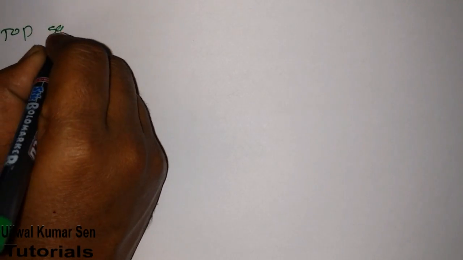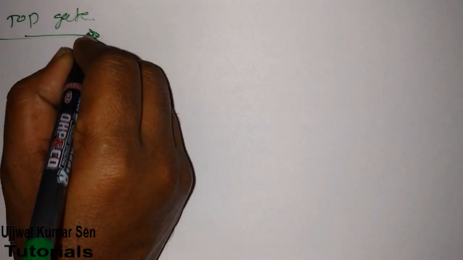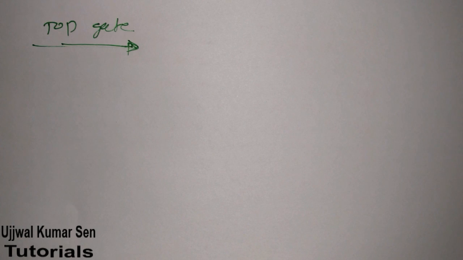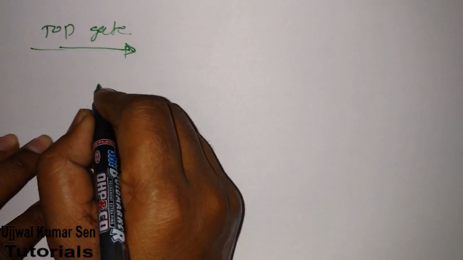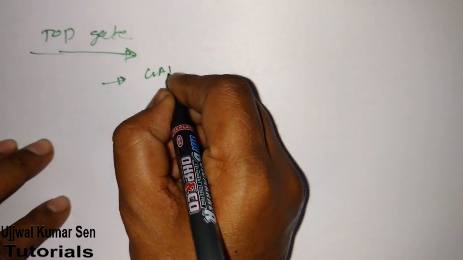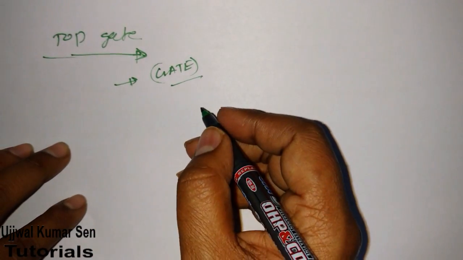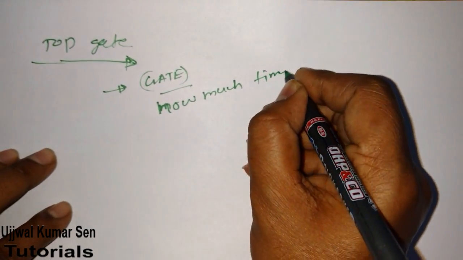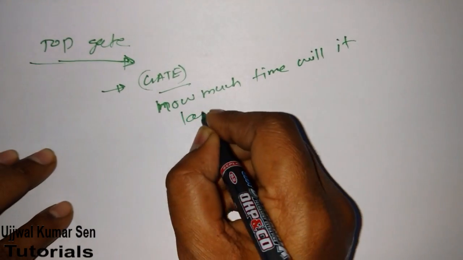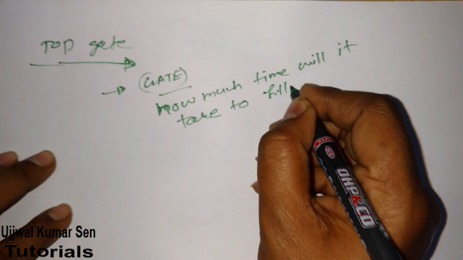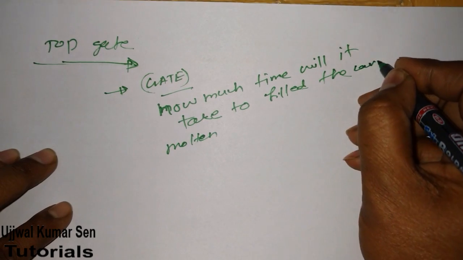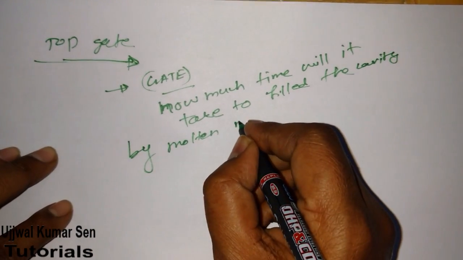First of all we are going to talk about top gate. In case of top gate, we require a few formulas. Those are most important, and of course you need to know them. Basically, what they have asked in GATE examination, I have seen most of the time they are asking how much time it will take to fill the cavity by molten metal.